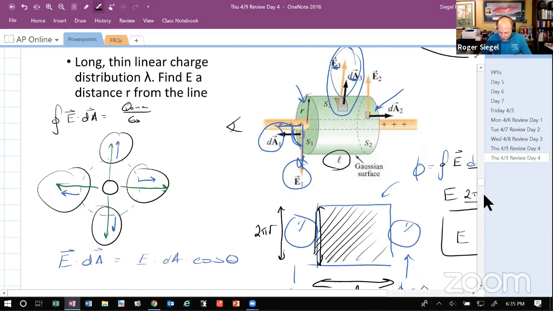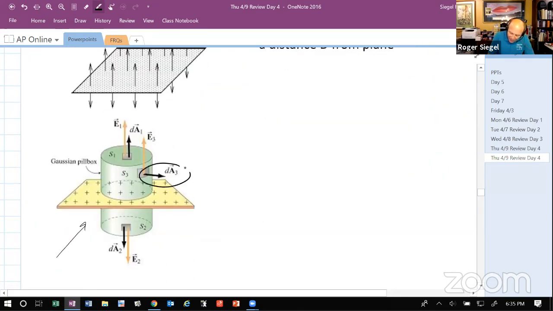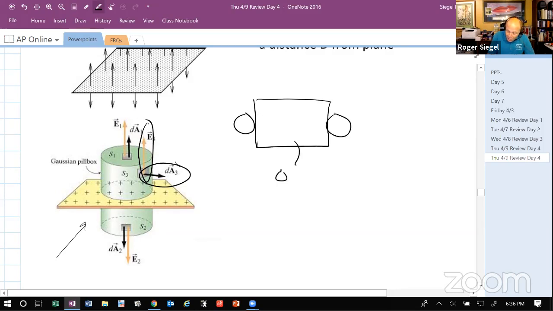We have just the opposite here. Notice that the A vector and the E vector on the body are perpendicular. That means on our net diagram the electric flux is 0, because E is perpendicular to dA.